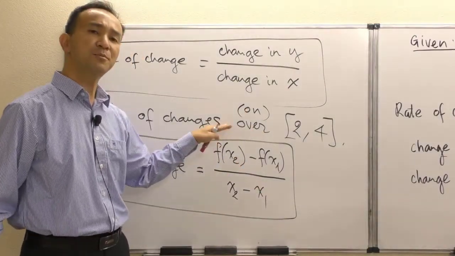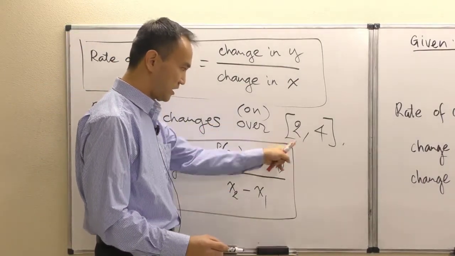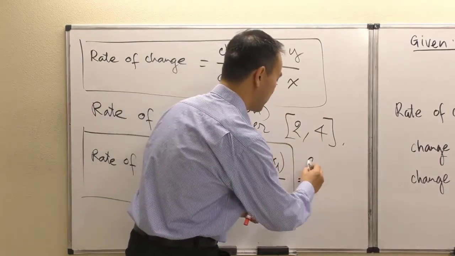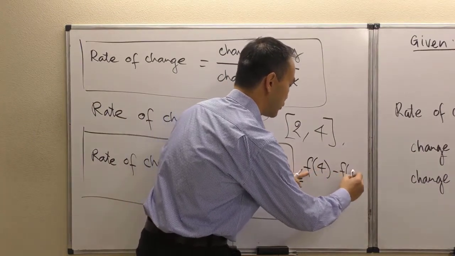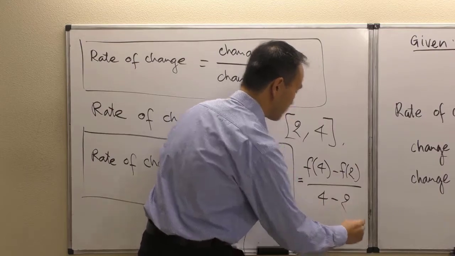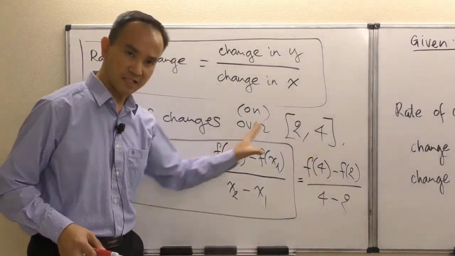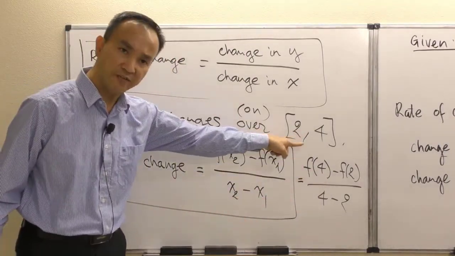In this particular problem, our x2 is 4, our x1 is 2. So bringing in this actual interval, we're looking at f of 4 minus f of 2 divided by 4 minus 2. Now I'm getting through with that solid method, how to calculate rate of change for any function on any given interval.